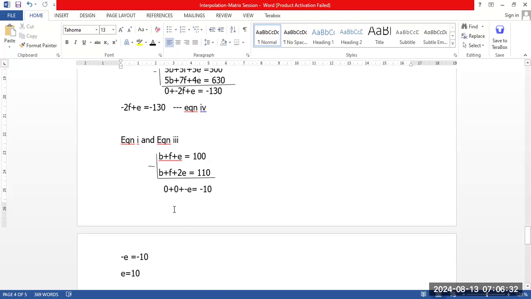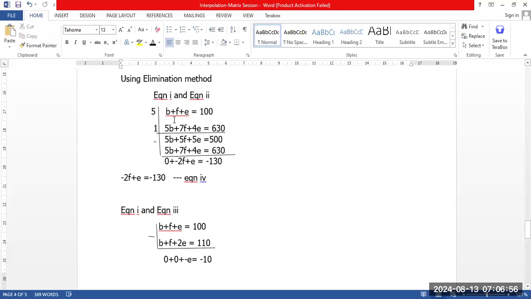In other questions, you'll find that at this point you are not getting E. You are getting, let's say, F plus 2E equal to negative 10. In such a scenario, you will be having F and E, and you can solve equation 4 and 5, also eliminating one unknown using the same concept we are using here.